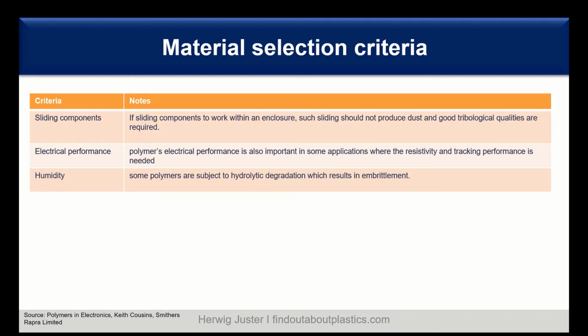So there, depending on the part and the application, the resistivity and tracking performance is needed. And also humidity is a point. So some polymers are subject to hydrolytic degradation and this can then in the long run lead to part failure. So this needs to be kept also in the back of our minds.